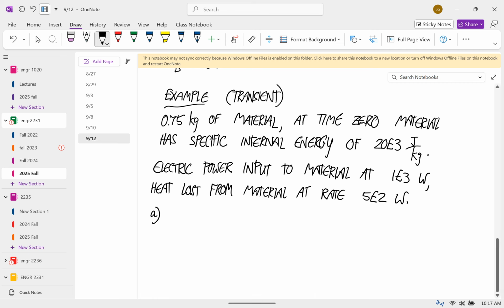So first, we want to calculate dE dt. And actually, we're going to assume that there's no change in kinetic energy or potential energy. So let's think of this as internal energy. So first, what's dU dt?